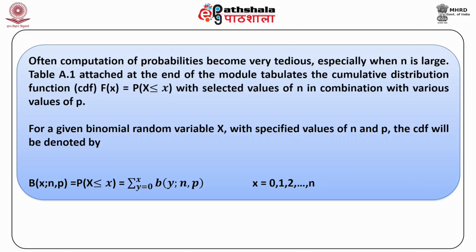Let me repeat, where we have said capital X is the variate and small x is the specific value. Now this will be equal to summation of capital X from 0 to small x of the binomial distribution B with capital X and n and p as the parameters, and this x takes the values from 0 to n, where n is the maximum number of trials.